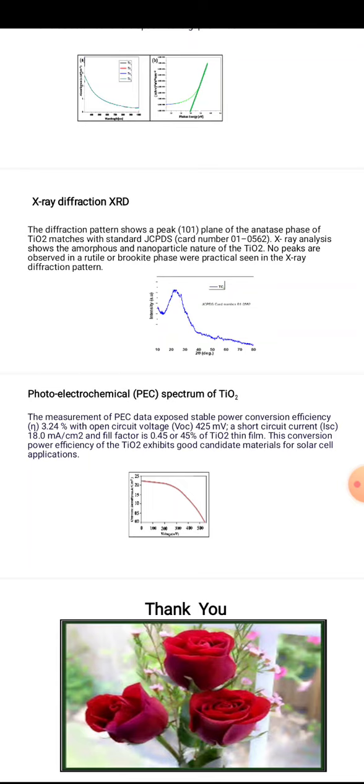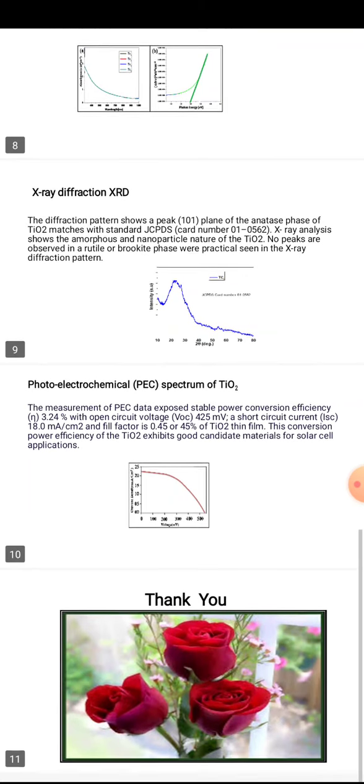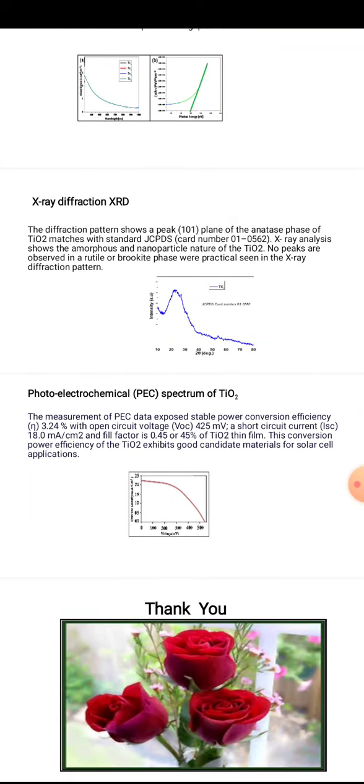Photoelectrochemical PEC of TiO2. The measurement of PEC data exposed a stable power conversion efficiency of 3.24%, with an open circuit voltage of 425 mV, a short circuit current of 18.0 mA per square centimeter, and a fill factor of 0.45 or 45% for the TiO2 thin film.